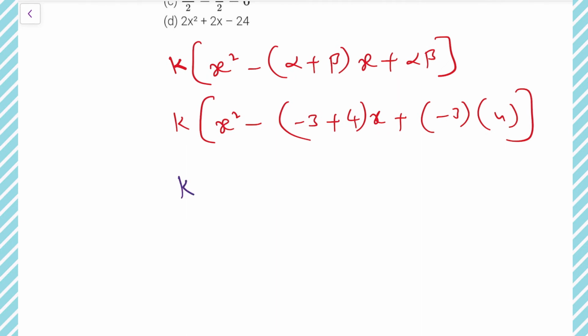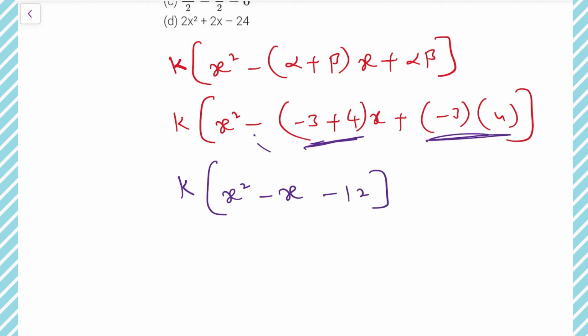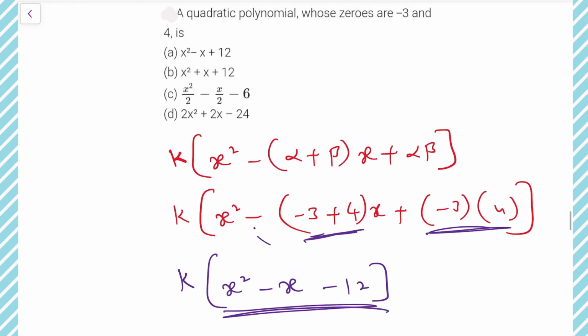So it will be k times x square. Here 4 minus 3 is 1, here it is minus 1, the minus symbol. So minus 1x, or simply minus x. Minus 3 into 4 is minus 12. So our required polynomial is x square minus x minus 12.